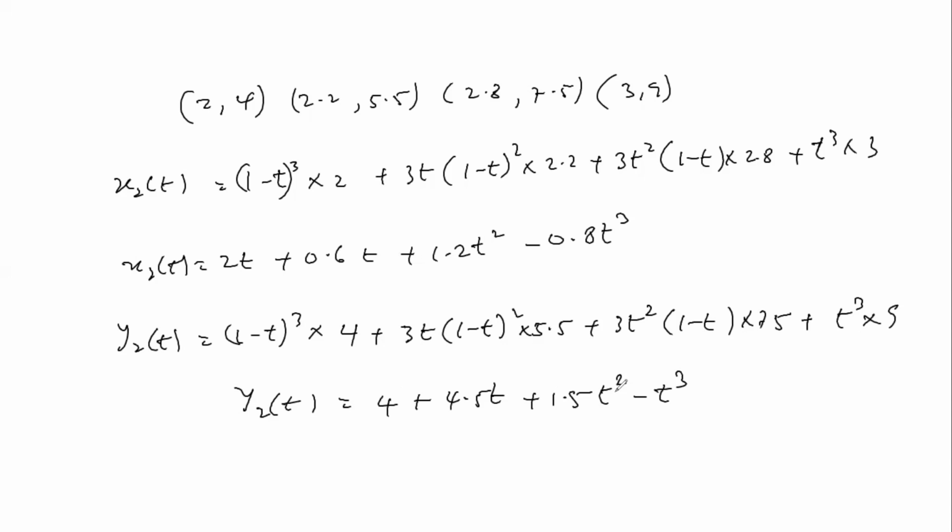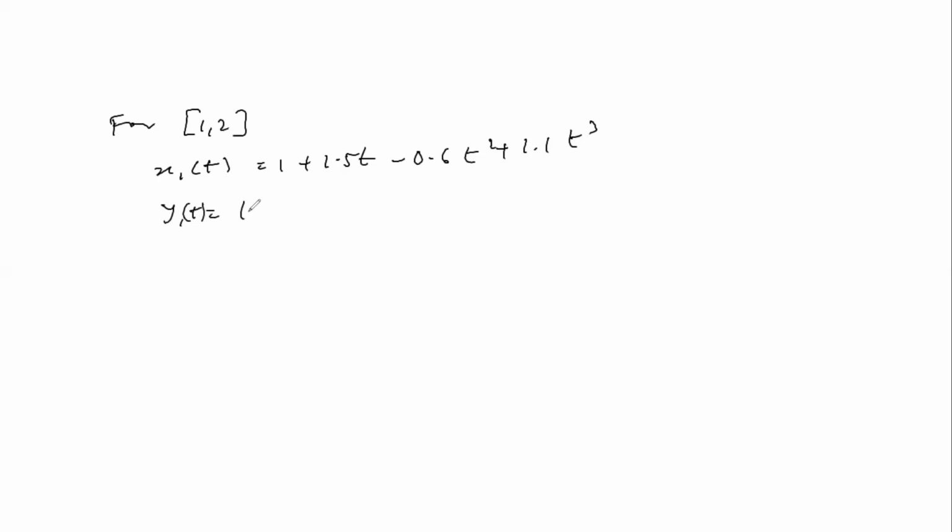Now, from the Bezier spline, we can now say that for 1, 2, we have X1 of t being the same as 1 plus 1.5t minus 0.6t squared plus 1.1t cubed, and y1 of t is the same as 1 plus 4.5t minus 1.5t squared plus t cubed.